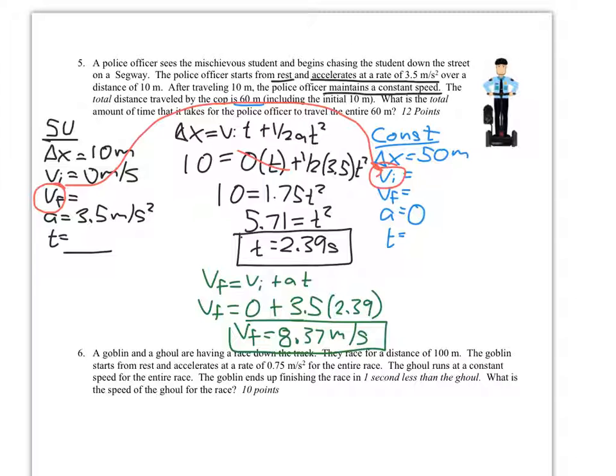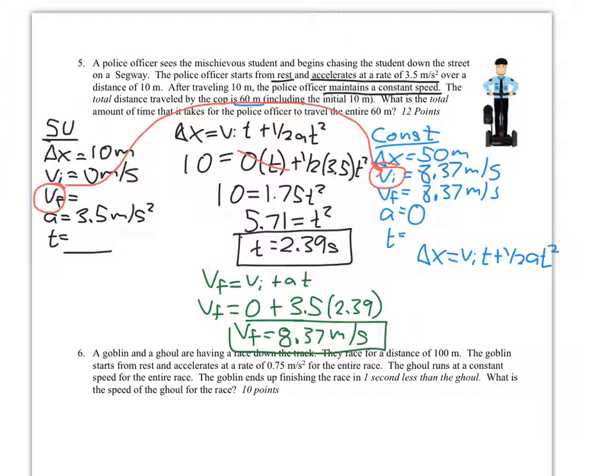Now that I know that final velocity, which again becomes my initial velocity here, I can go ahead and solve for my constant portion. I also can technically say that my final velocity for the constant portion is 8.37, because if I'm traveling at a constant velocity, it's not changing, so I can fill in 8.37 for both. I'm going to go to my delta x equals vi t plus 1/2 a t squared.